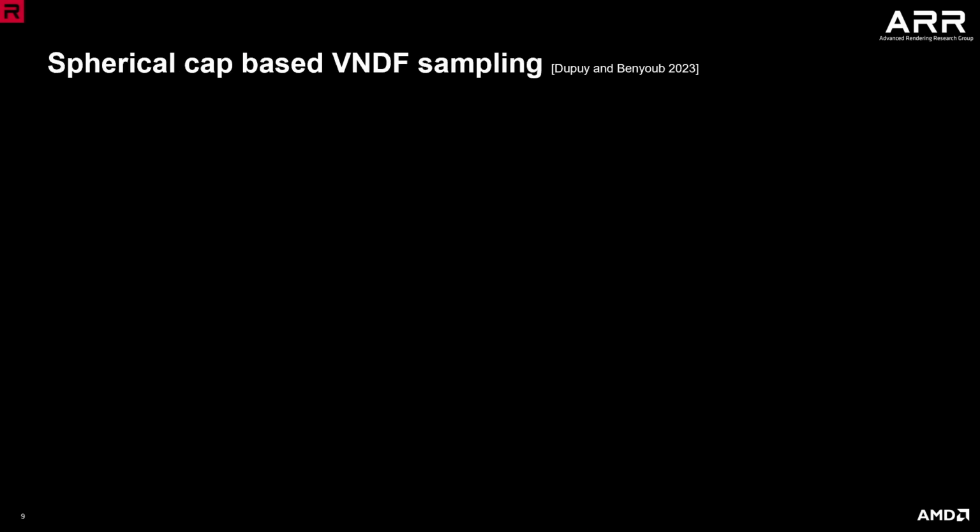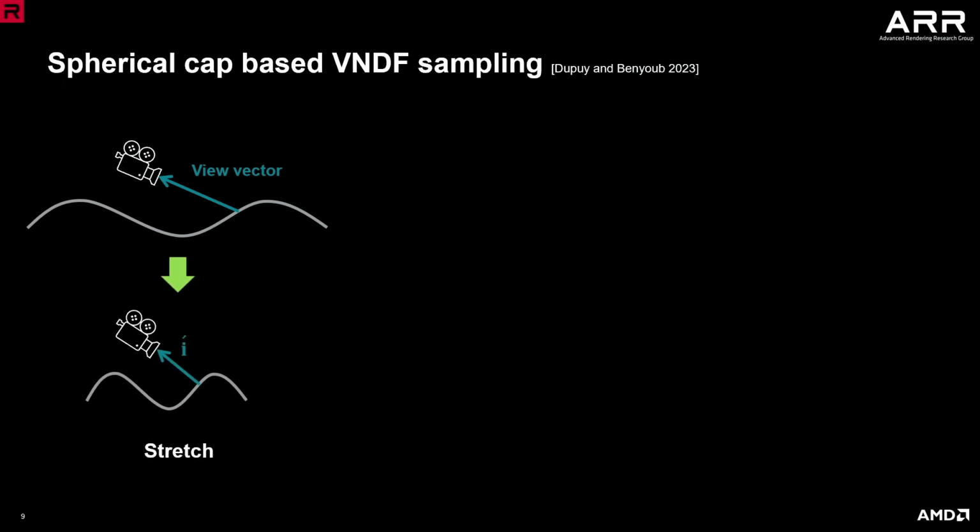In the previous VNDF sampling method, the visible microfacet normal is sampled by stretching the tangent space. First, we stretch the view vector to the stretched space, like this. The stretched space corresponds to the space where roughness x and roughness y are both 1.0.